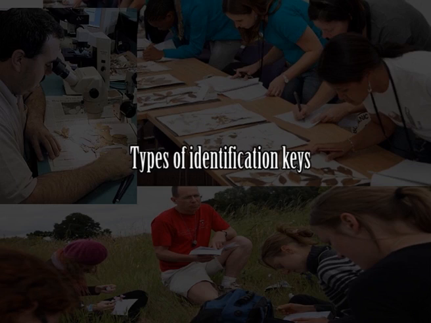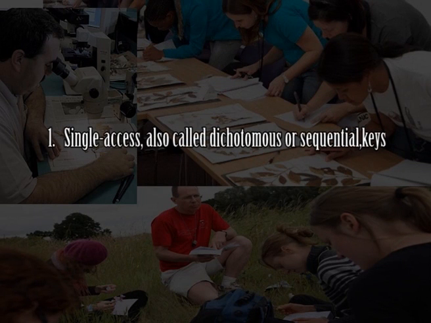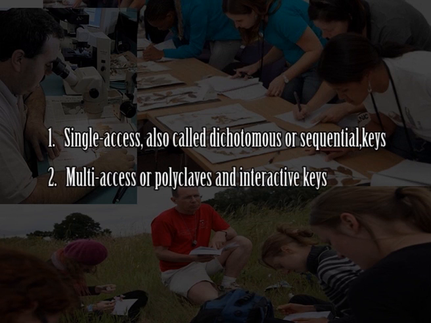Various types of keys and key formats are used in plant identification. Generally, we group them into two broad types as: number 1 is single access keys, also called dichotomous or sequential keys, and number 2 multi access keys or polyclaves and interactive keys.